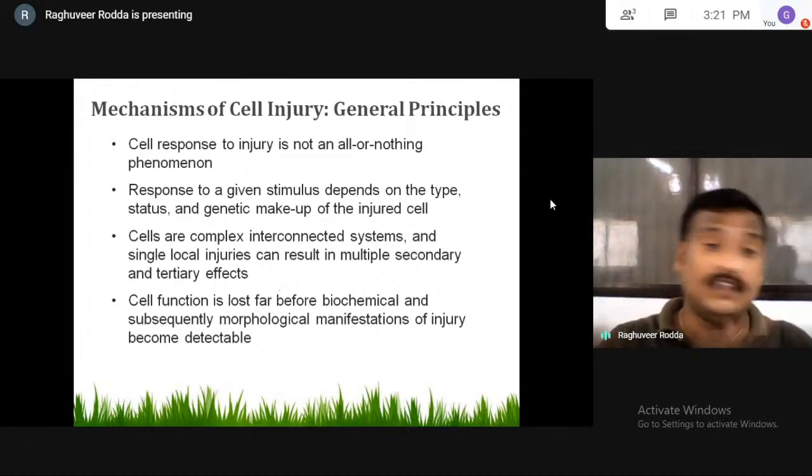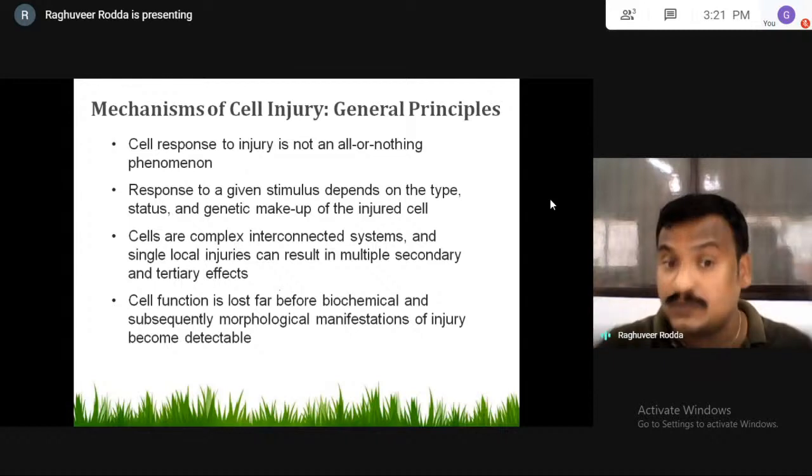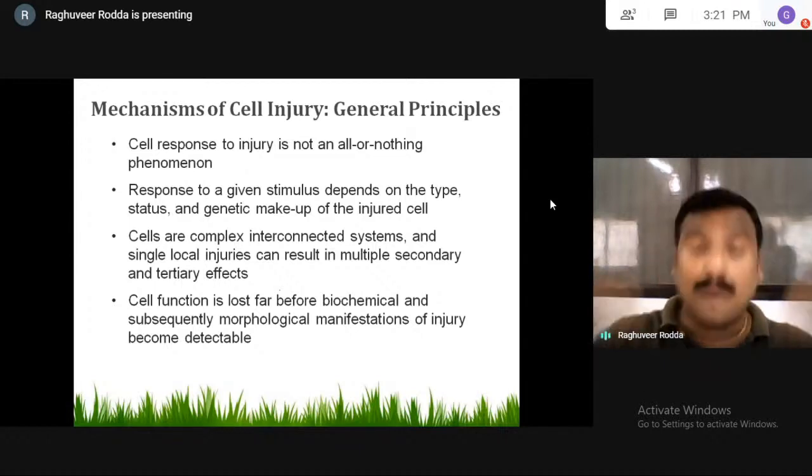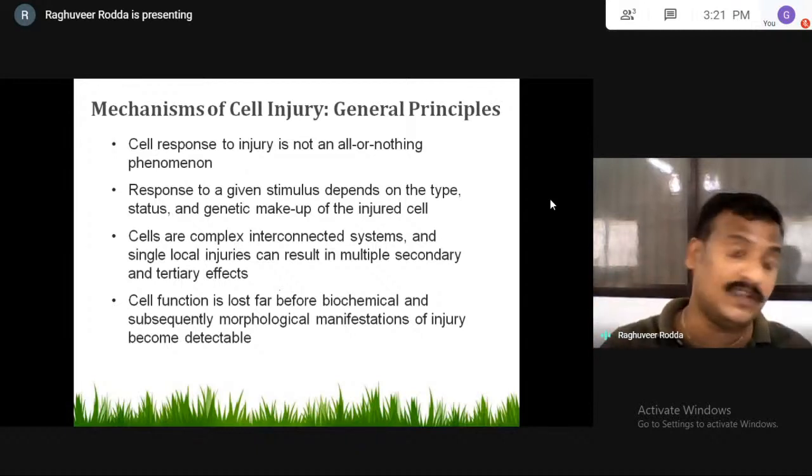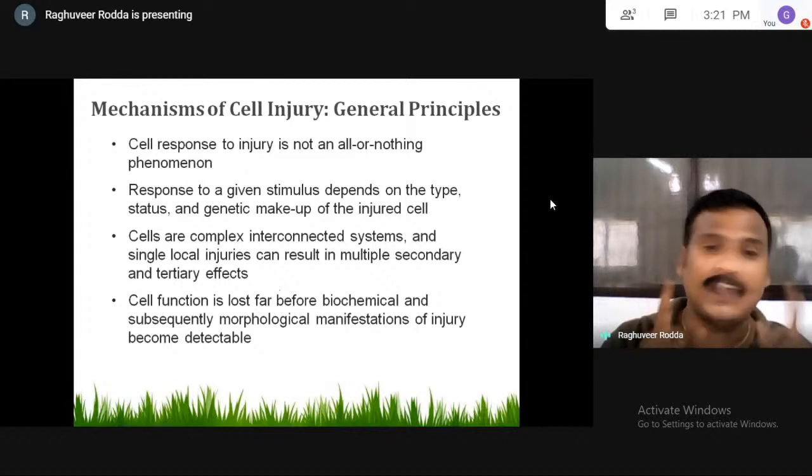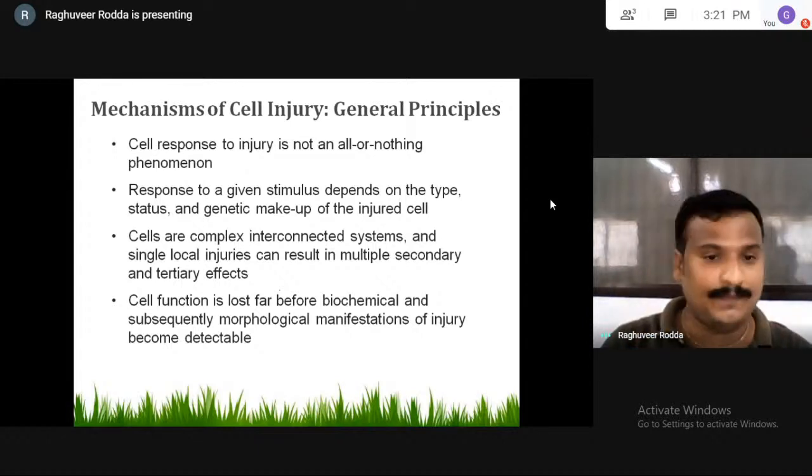The effect of cell injury will be observed on other cells also, on the performance of other cells also, because the output of one particular organ is dependent on each cell of that organ.